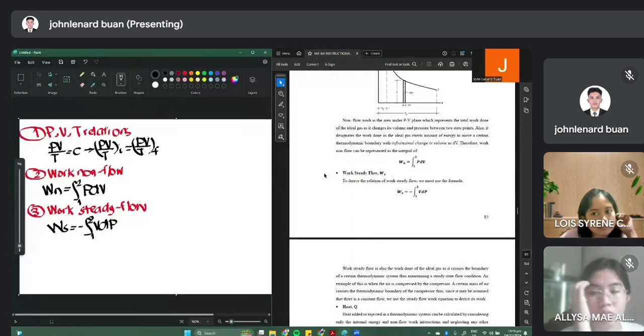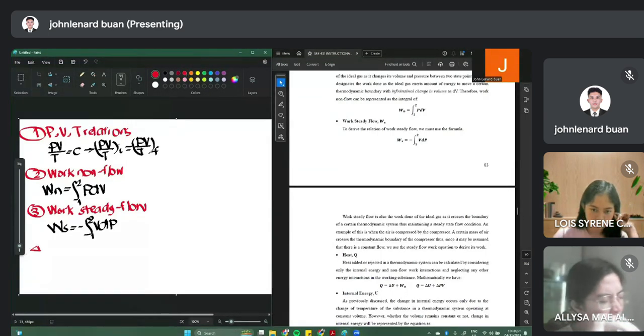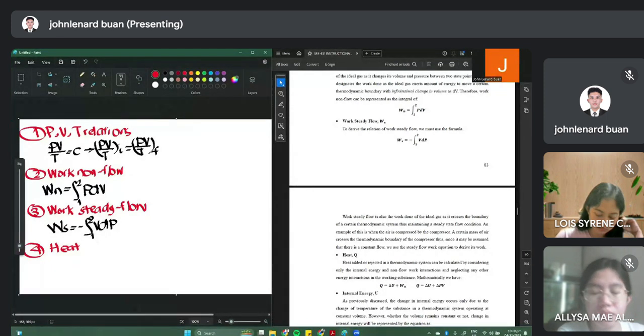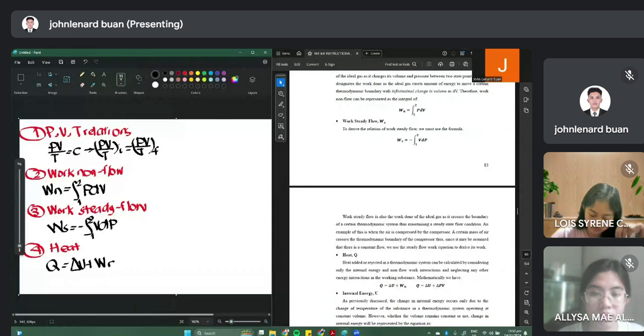And then, for the fourth equation, we have a general equation for heat. Q, or heat, is equal to delta U, or internal energy, plus work done flow.